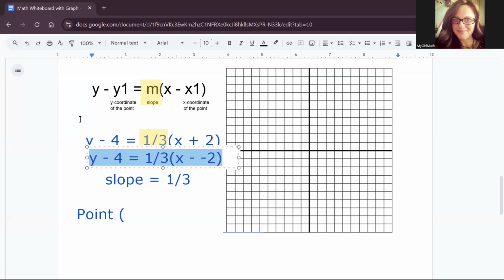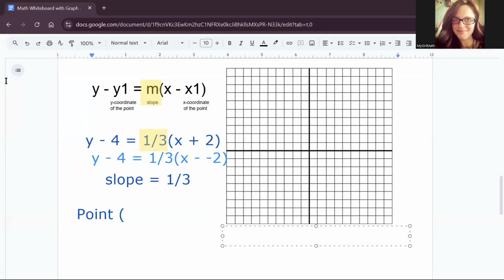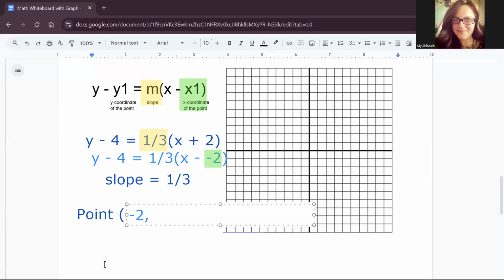Now we can clearly see that the point is -2, comma, 4.